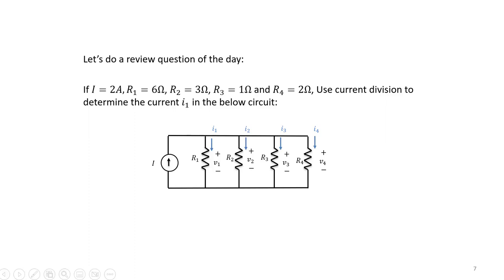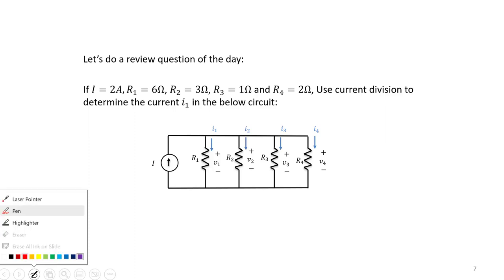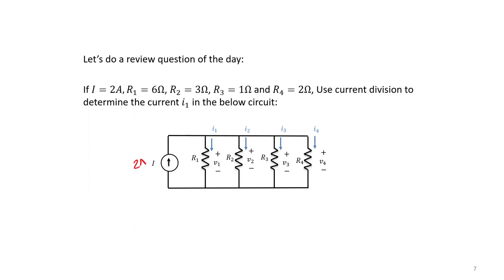Let's go ahead and try one more practice question here. So here we have a circuit, and we are given that we have a 2 amp current source. We also are given the values of these resistors. So we've got a 6 ohm resistor, a 3 ohm resistor, a 1 ohm resistor, and a 2 ohm resistor.